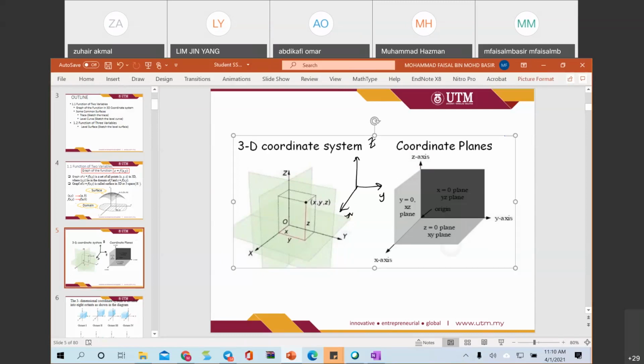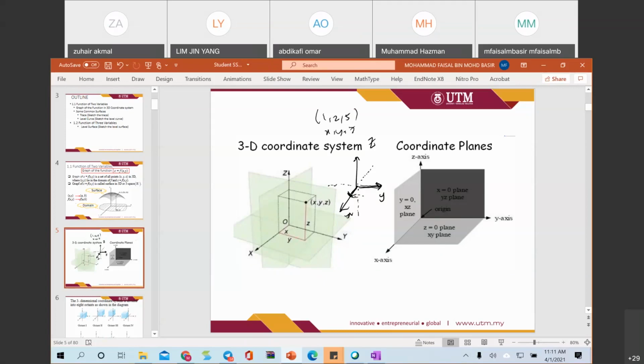So let's say I want to plot (1, 2, 5). This is x positive, this is x negative, y positive, y negative, z positive, z negative. So (1, 2, 5) means 1, move to here, and then move to the right, parallel to the y axis, because I said x, y, z.